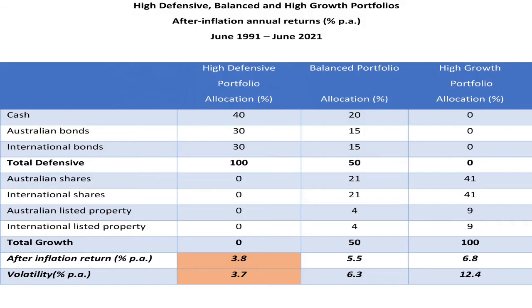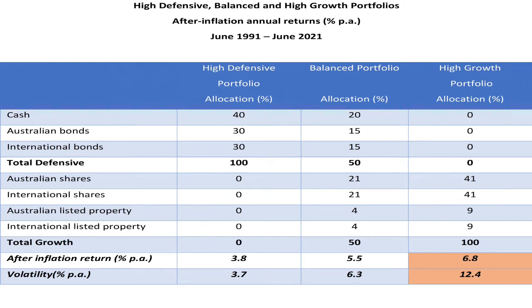Over the period from June 1991 to June 2021, the high defensive portfolio returned 3.8% per annum after inflation, with volatility of 3.7%. This means that in any year, there was a 68% chance that the actual return could vary by plus or minus 3.7% from the average, that is, between 0.1% and 7.5%.